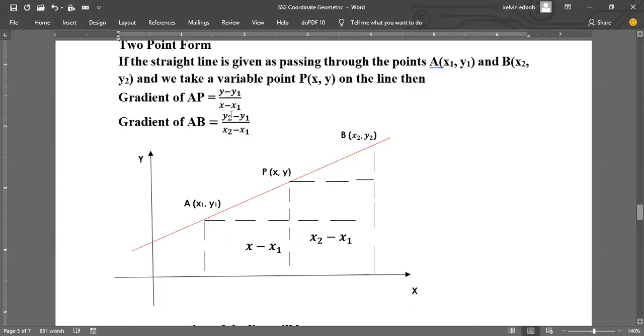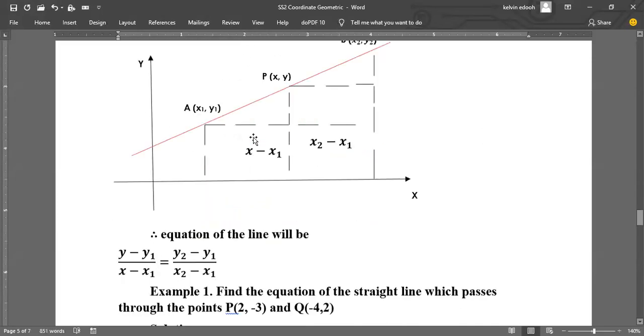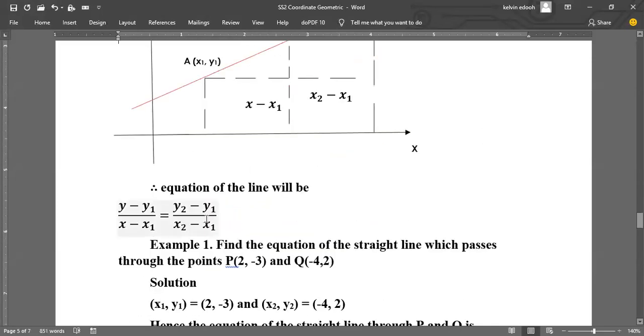Since this is a straight line, the gradient will be equal. Remember, if you take the gradient of a straight line at any different points, you're going to have the same result. So if you equate them, you have something like this. This can be used to form the equation of a straight line given 2 points.